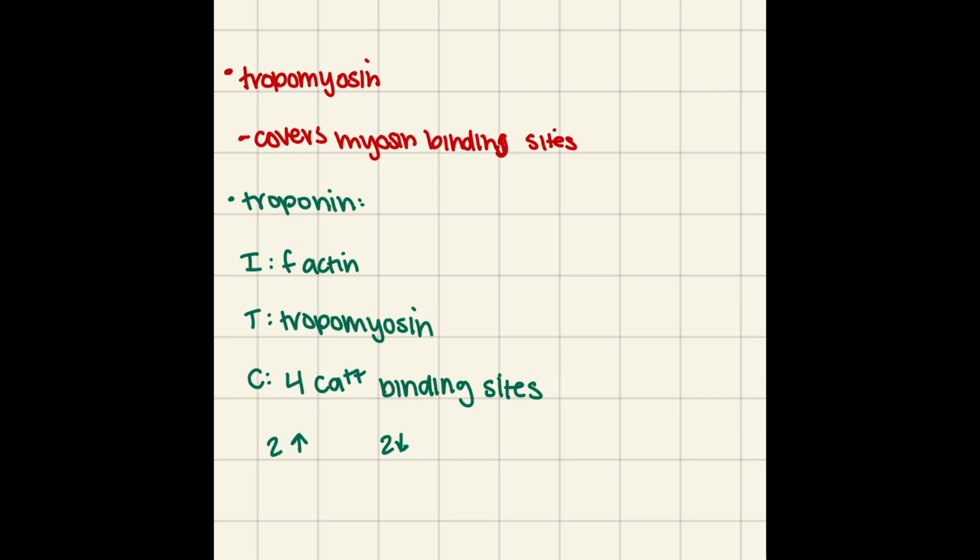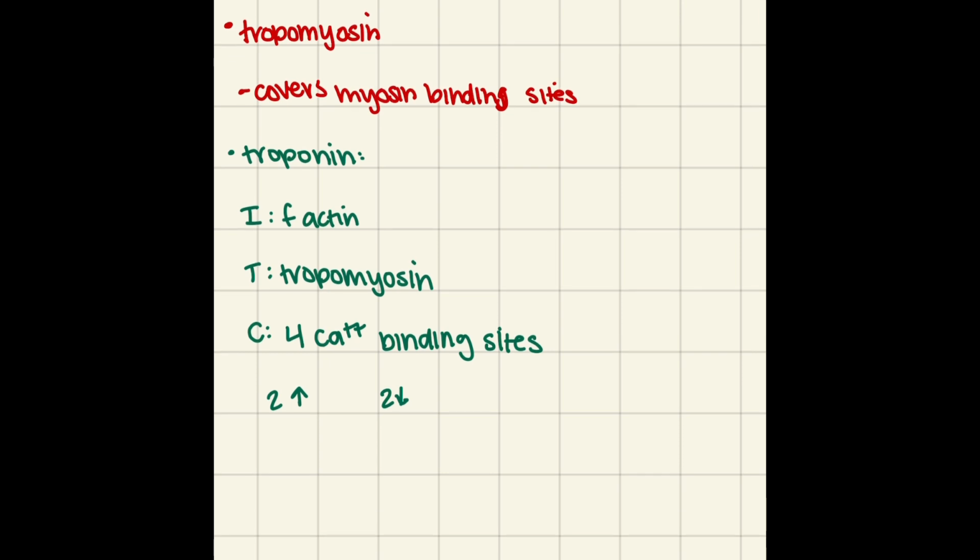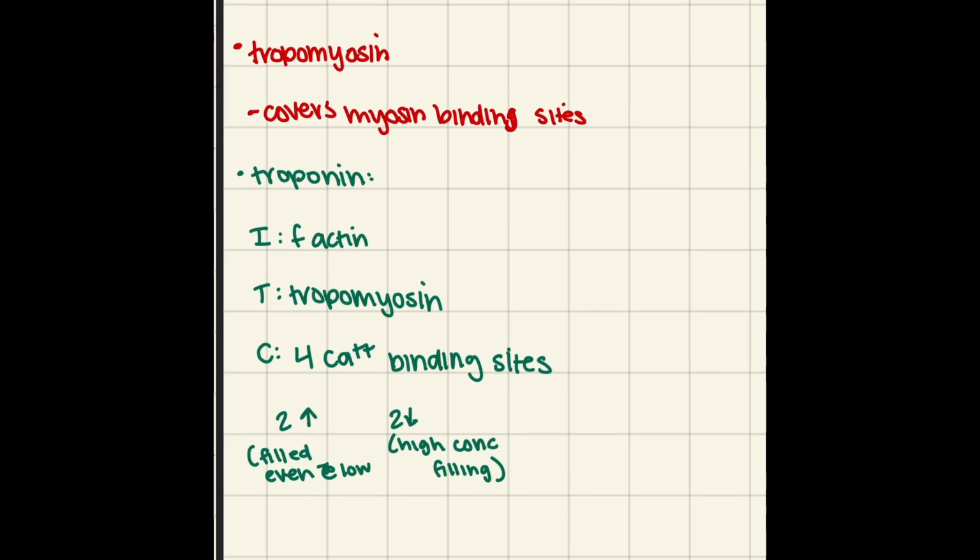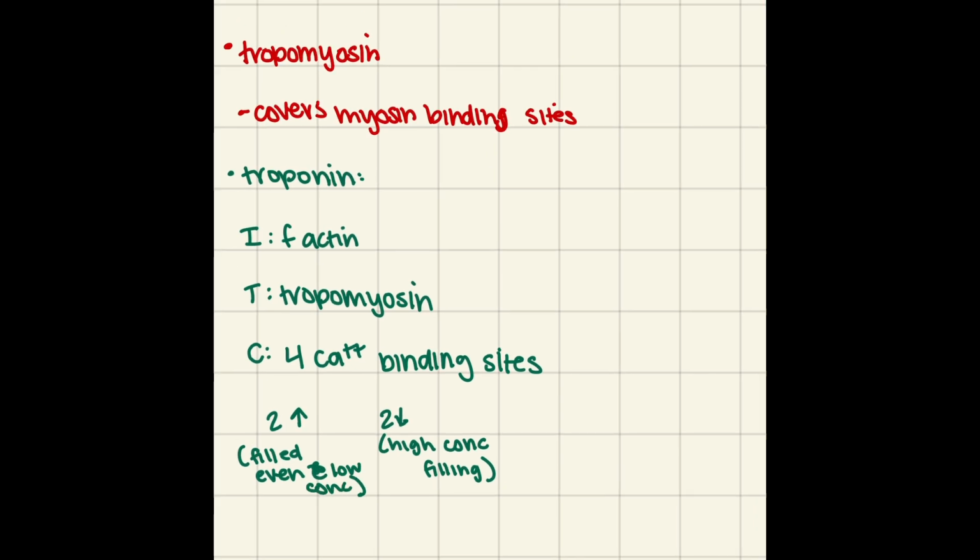So when there's a high concentration of calcium in the cell, these fill. So this is high concentration filling. And these are filled all the time, even at low concentrations because they're high affinity.